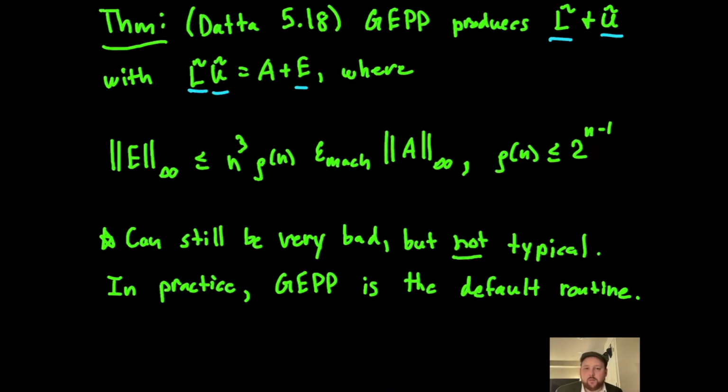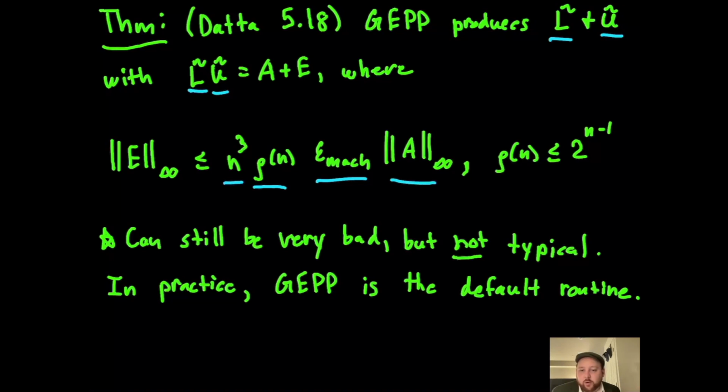But now we have a different bound on this error matrix, in terms of the infinity norm: it's less than or equal to n cubed times some growth factor dependent on n, times machine epsilon, times the infinity norm of A. So the big difference is that it doesn't depend on the computed LU factors.